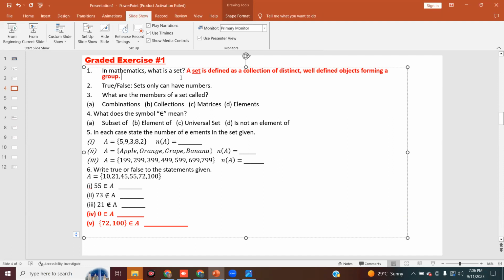The reason why we say object is because it could be more than numbers and words. So it could be shapes too. That's true. So you could say a set is a group of things, right? Yeah, I could have said that too. All right, no problem.